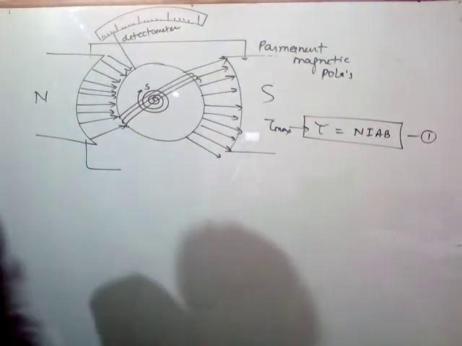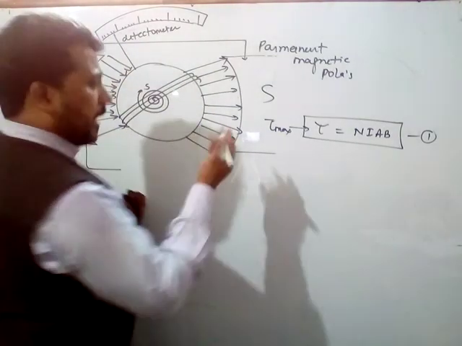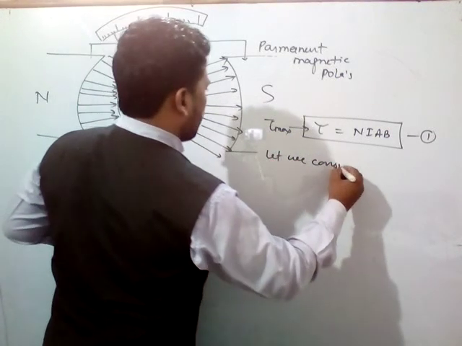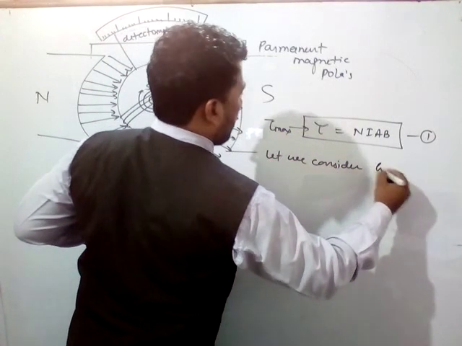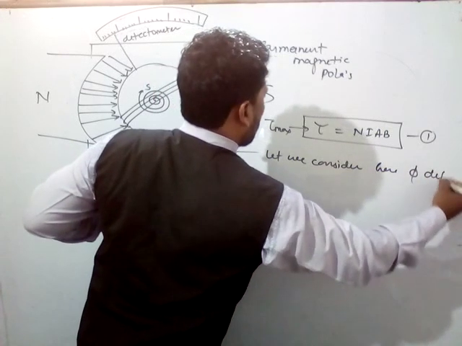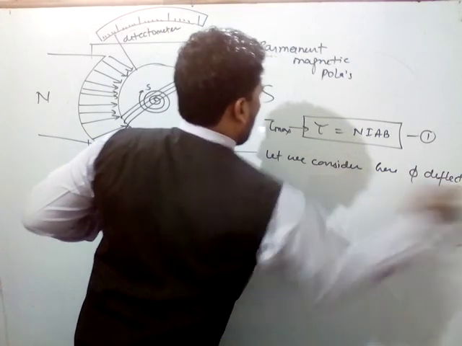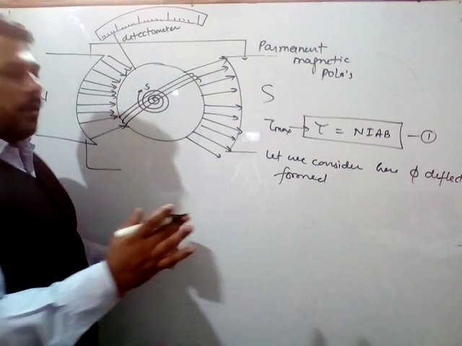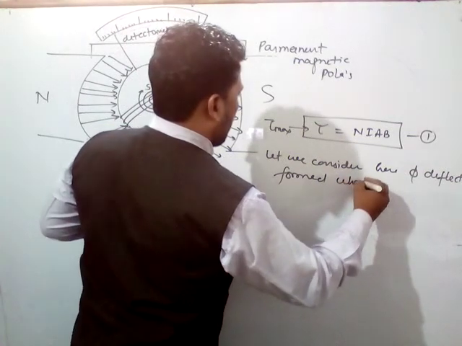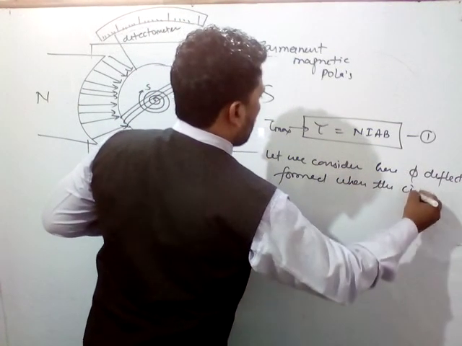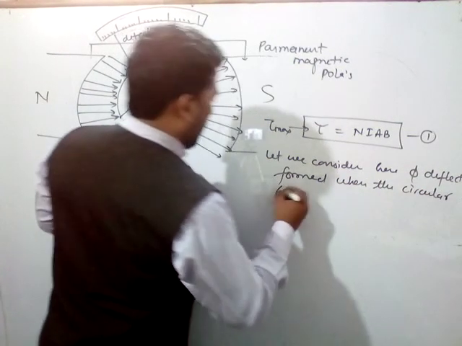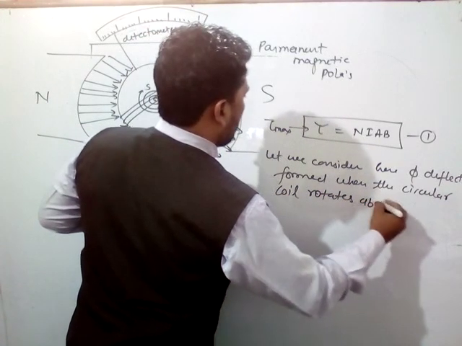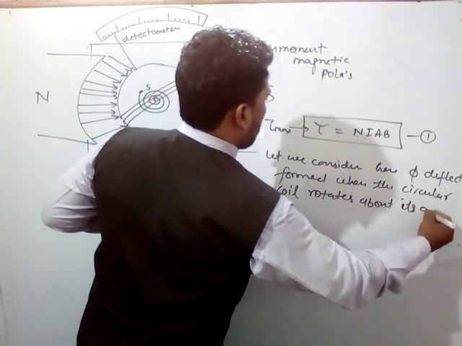Whenever this coil rotates, let me consider a deflection phi formed when the circular coil rotates about its axis.